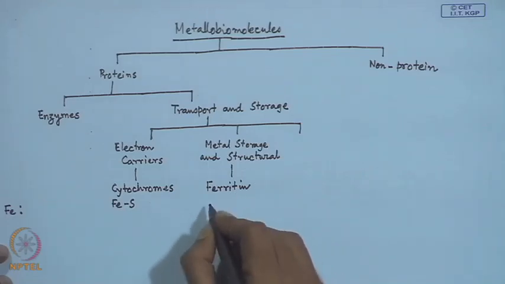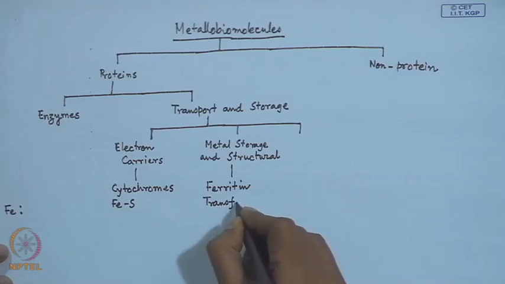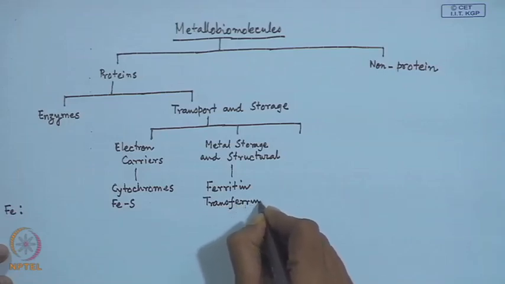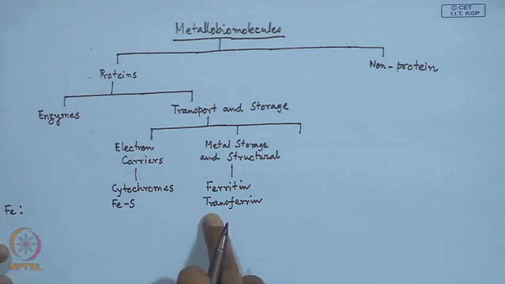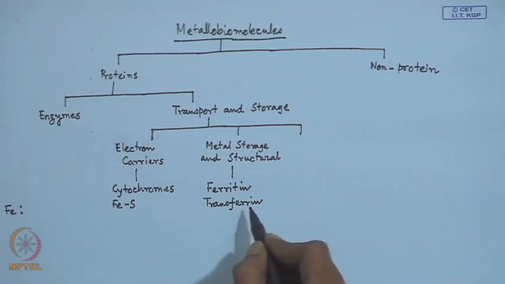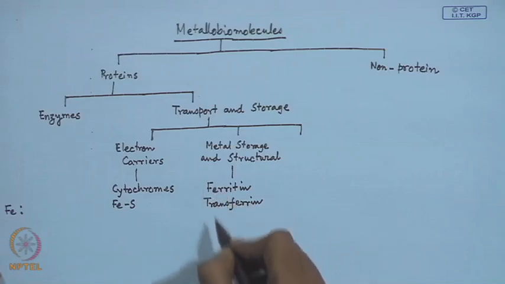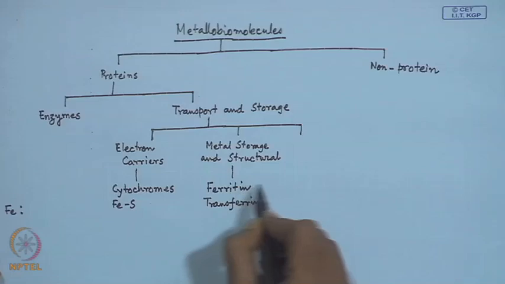One such molecule is ferritin and another is transferrin. The name immediately tells us that this is responsible for the transfer of iron. Fe is your iron, and ferritin is also related to iron, so these two are related to your metal storage and structural ones.